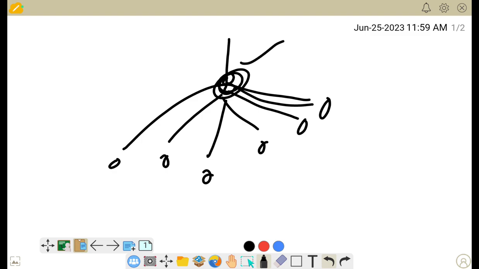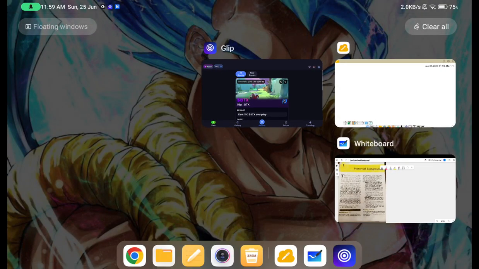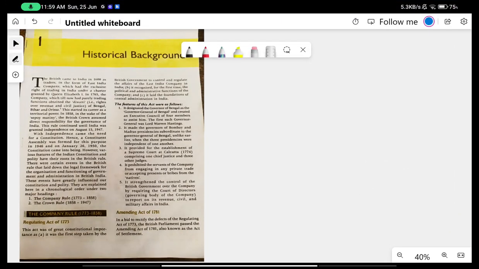So there is a center where the main administration is, and all the different offices are connected to one central unit. This is the central administrative system. I think it's very obvious, so we don't need to go into detail on this.